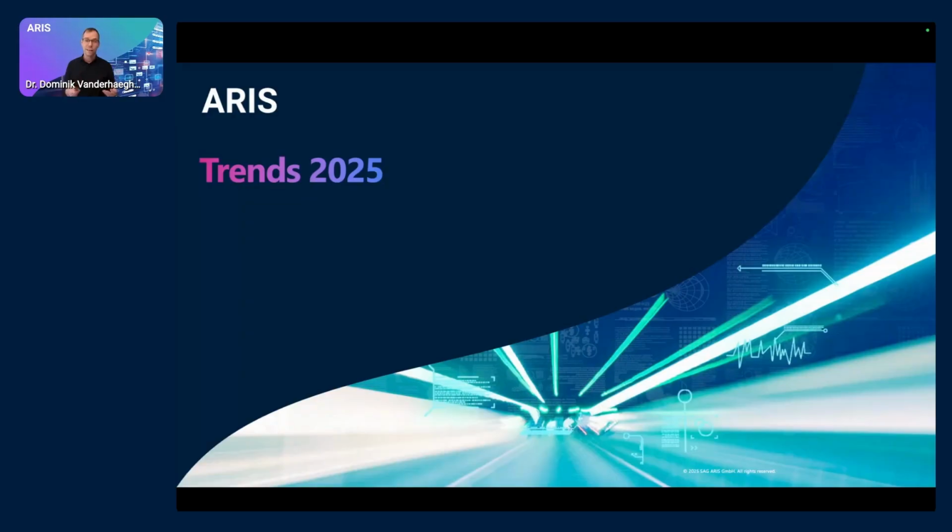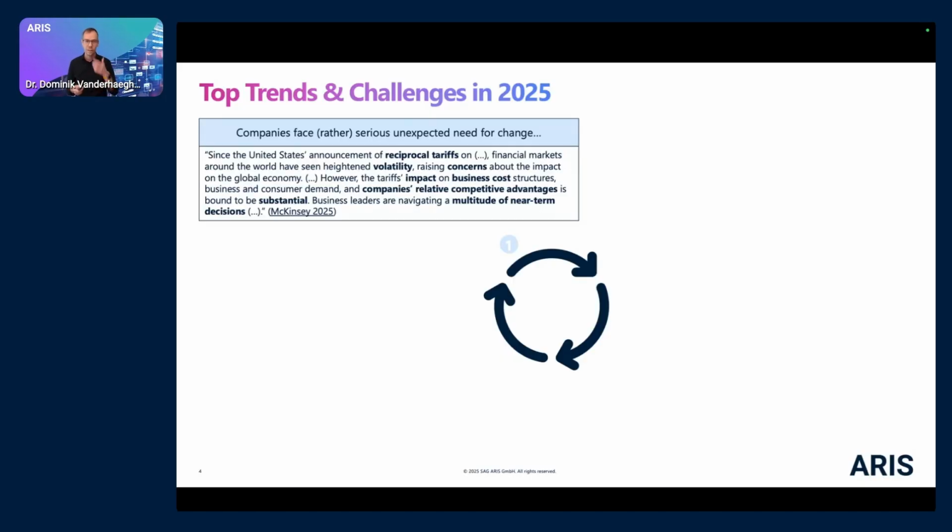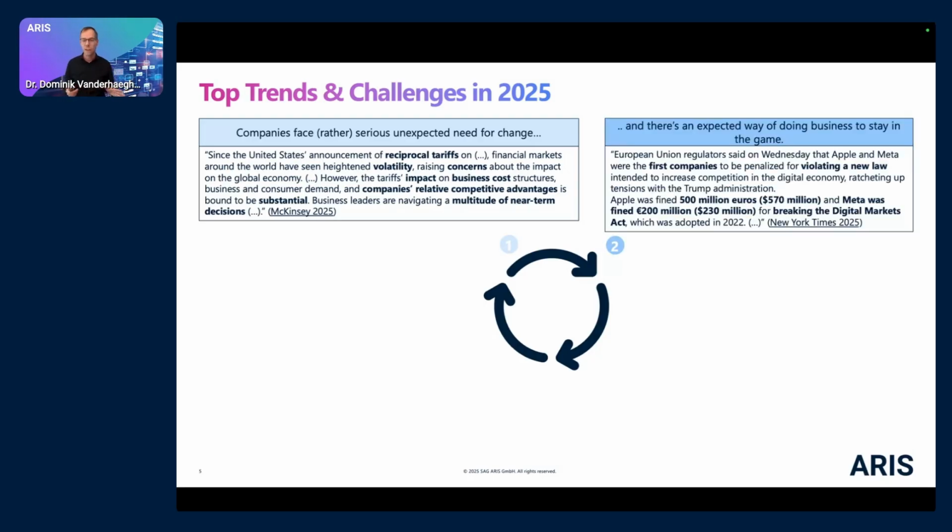But if you look at the trends that we see right now in the market, it's really clear to everyone in a corporate environment that there's a need for change. You really have to react to what is happening in your organization, might be economic pressure as an example, or you see, for instance, new opportunities. But regardless of what happens, there are expected ways of working in your organizations. So you have to think, how do you serve your business?